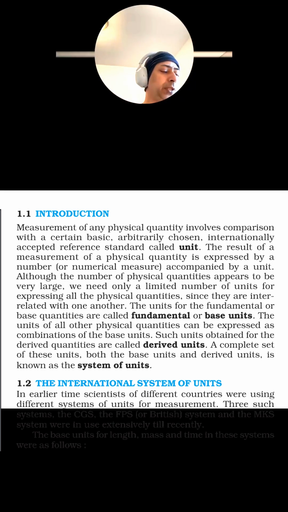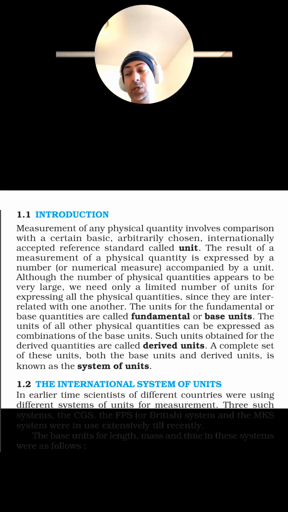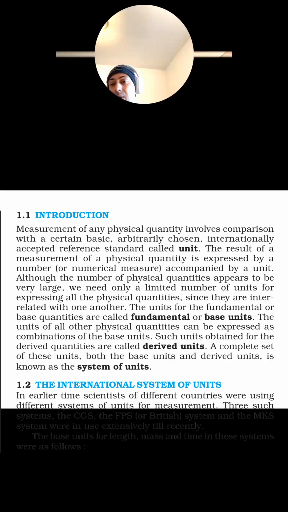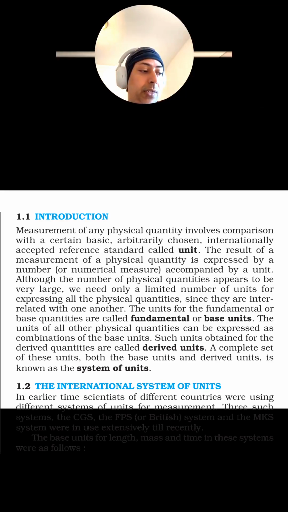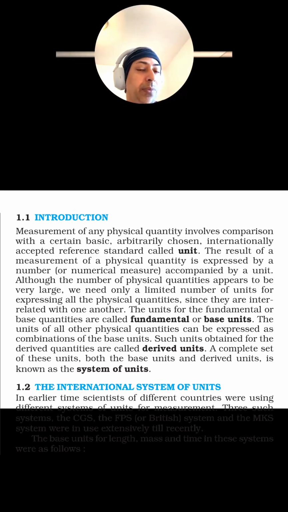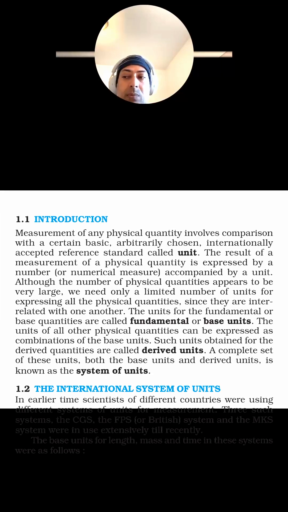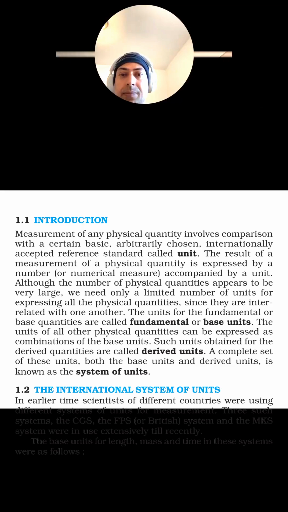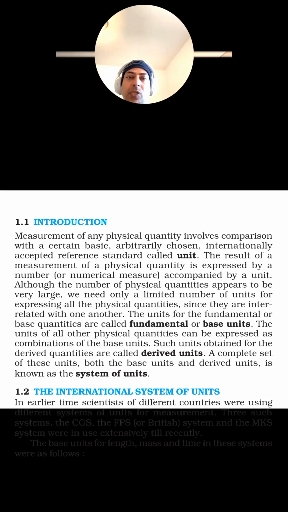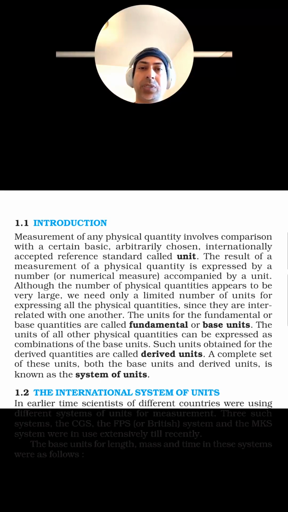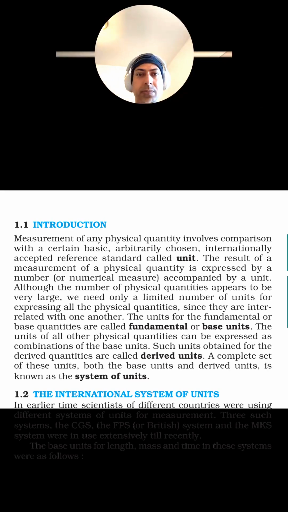As you described it well, you could have several different quantities, like milliliters, liters, but you only need a few units to describe those, because certain units will describe certain things.